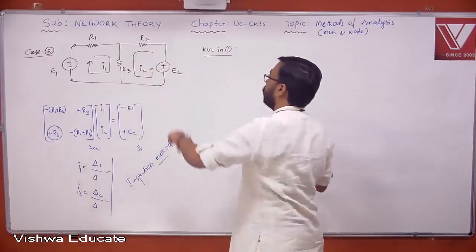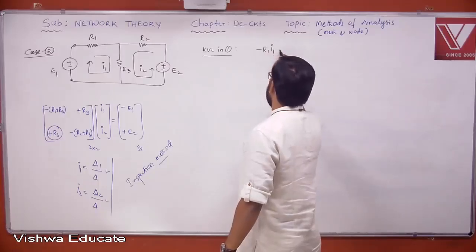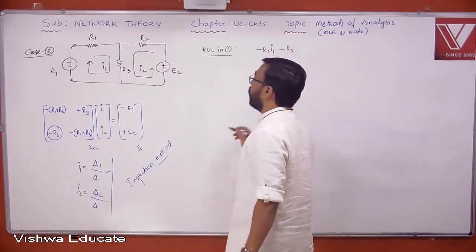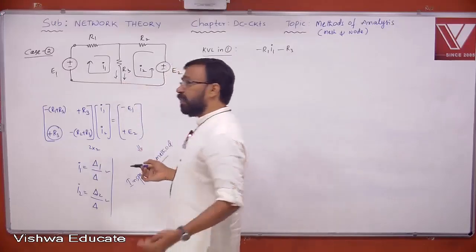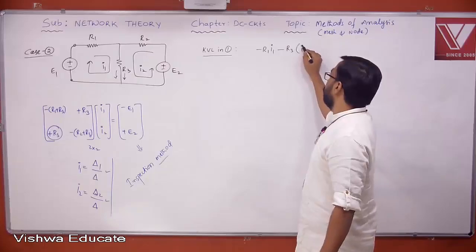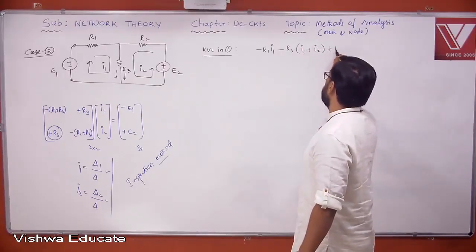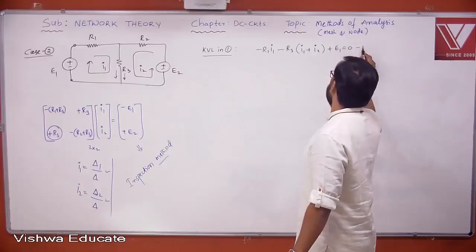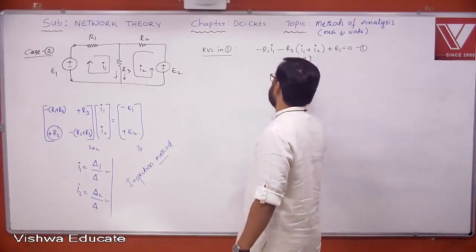First loop, what are the elements? Minus R1 I1, minus R3, but loop currents are flowing in the same direction. I1 downward, I2 is also downward. First we write normal equations, then we go for inspection. Okay, R3 into loop currents flowing in the same direction, therefore I1 plus I2, then plus E1 is equal to 0. Equation 1. Leave one line space for inspection.